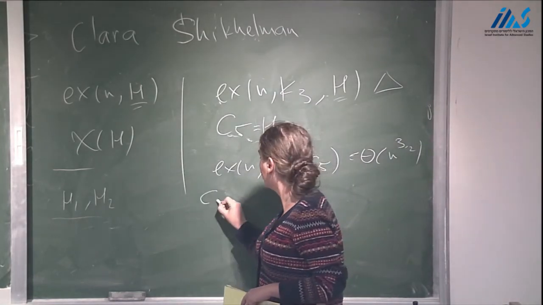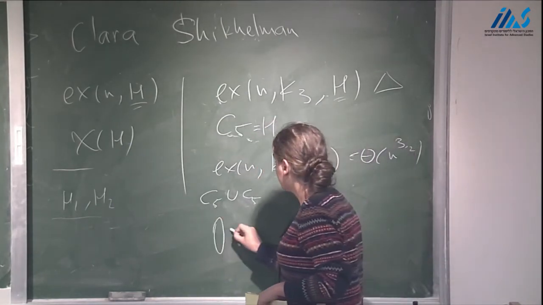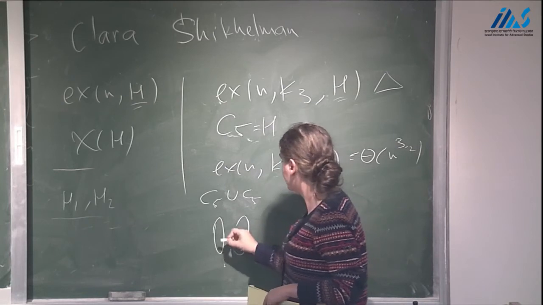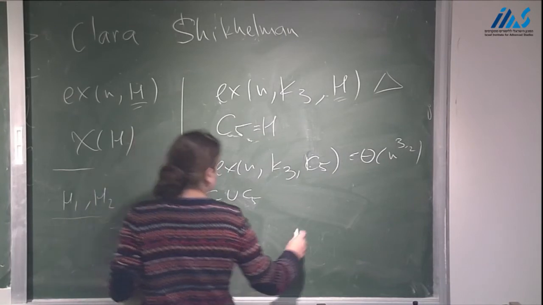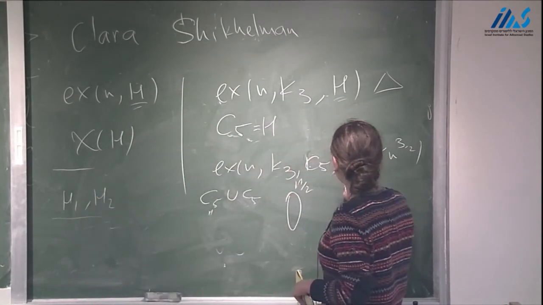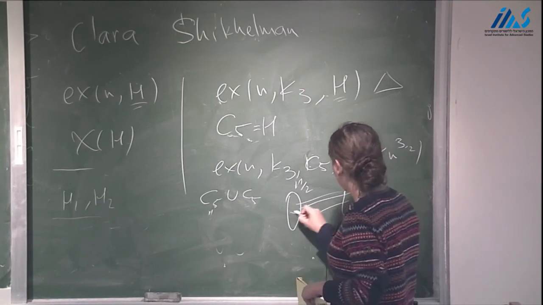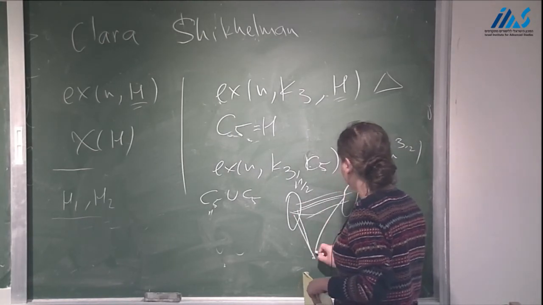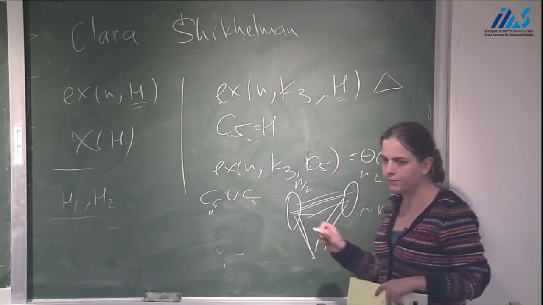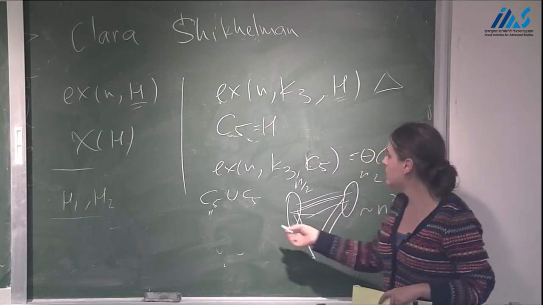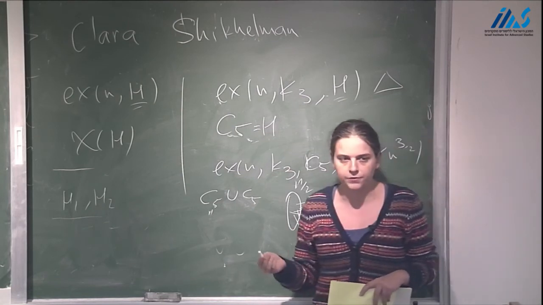But once you don't want to have two disjoint cycles of length 5, you can easily get to n squared: divide your vertices into two parts, take the complete bipartite graph, and connect them to one extra vertex. Then you get something which is n to the power of 2, and still you don't have two disjoint cycles of length 5, because any cycle of length 5 must use this vertex.